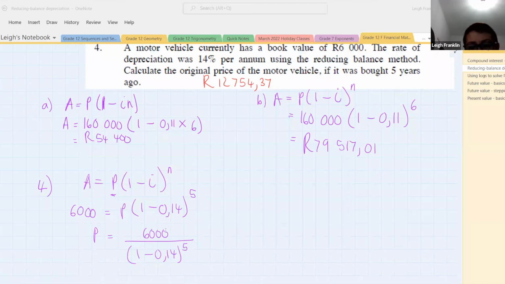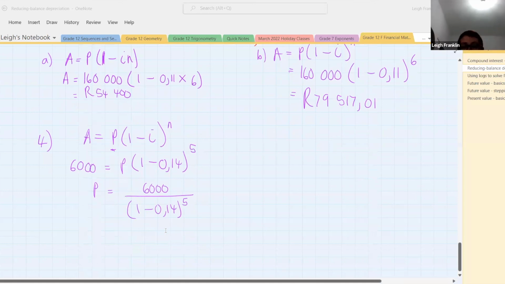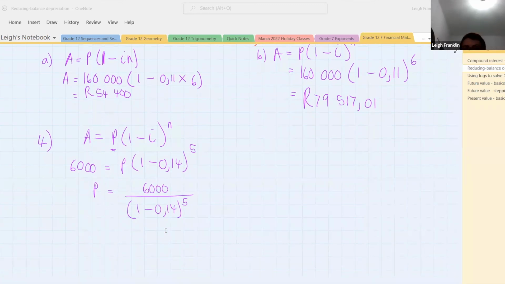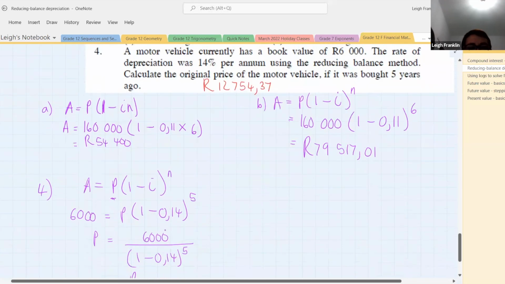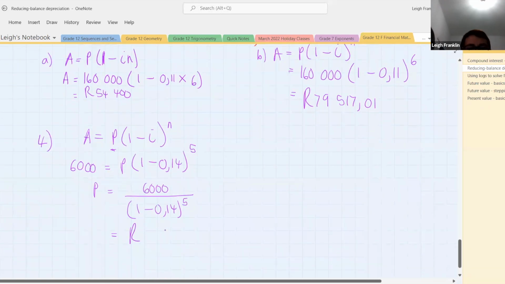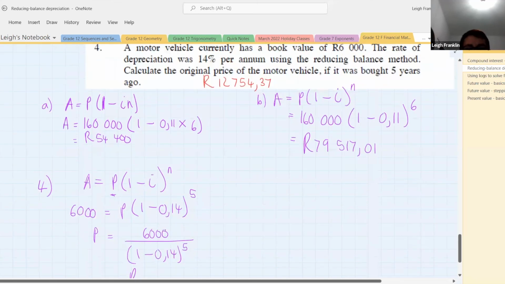That's why I've got 6,000 over (1 minus 0.14) to the power of 5. When you pop that into your calculator, you end up with the same answer I had over there: 12,754 Rand and 37 cents.